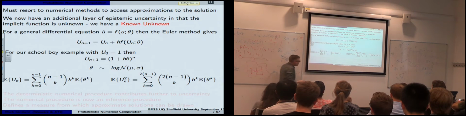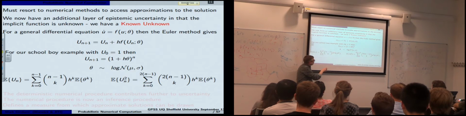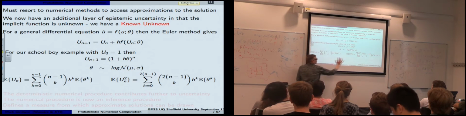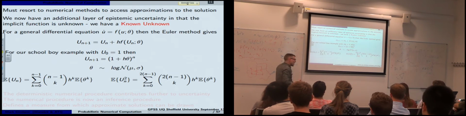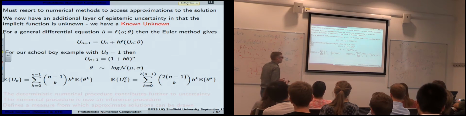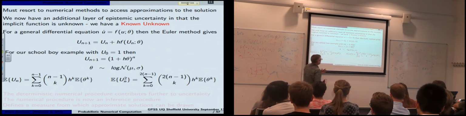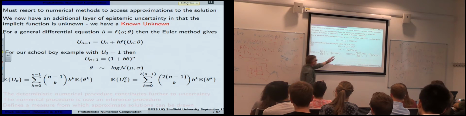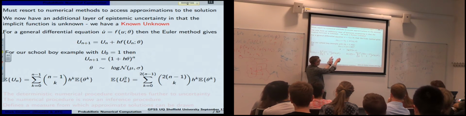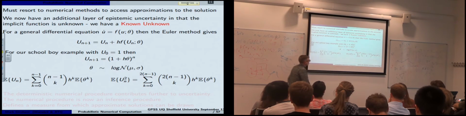But something else is interesting here. The numerical integration scheme that I've used is leaving an imprint on these moments and is therefore defining the probability distribution which characterizes our uncertainty in this object U. So not only have we got uncertainty here, but we've got uncertainty now induced by our numerical procedure.